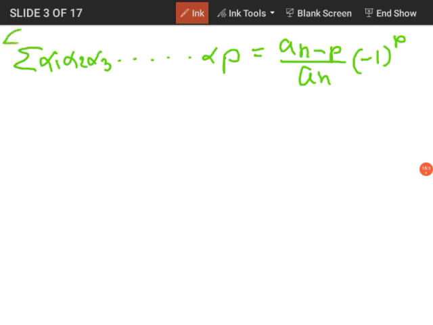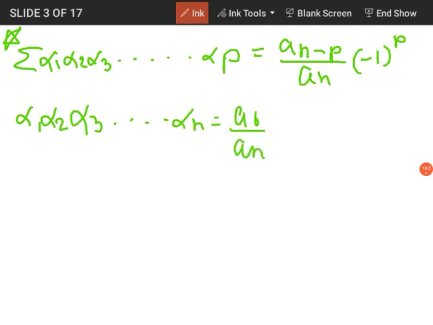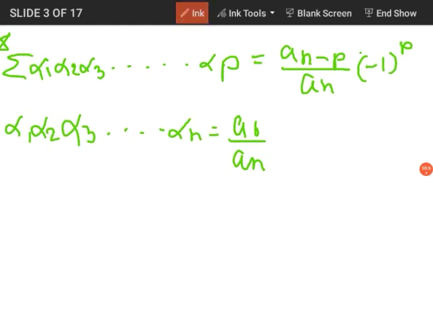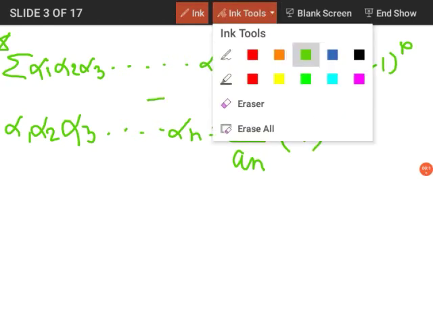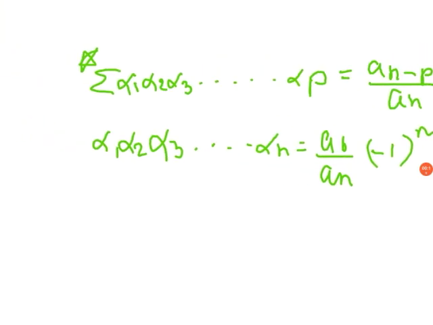This is Vieta's relation, and for the product of the roots, there will be a minus 1 raised to the power n. This is the same as this one.